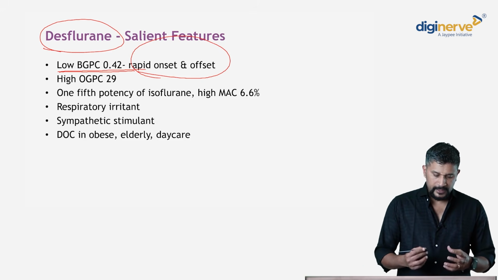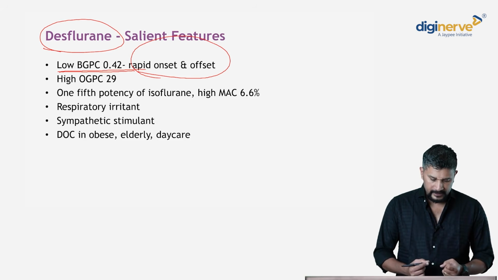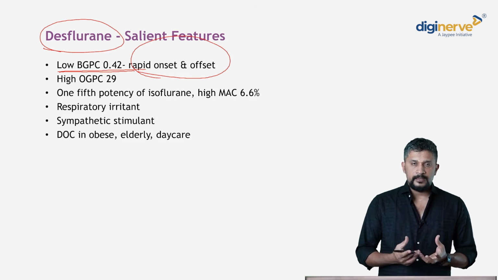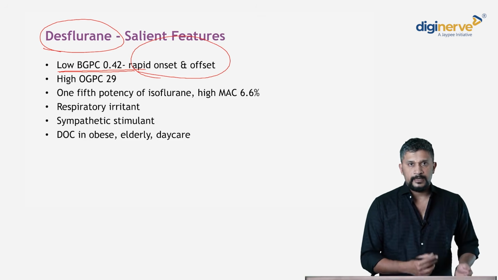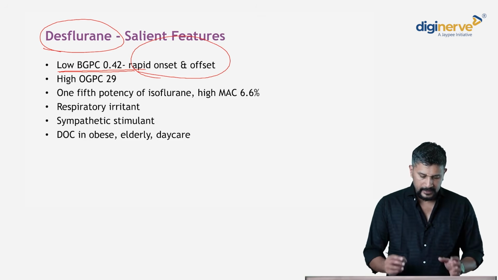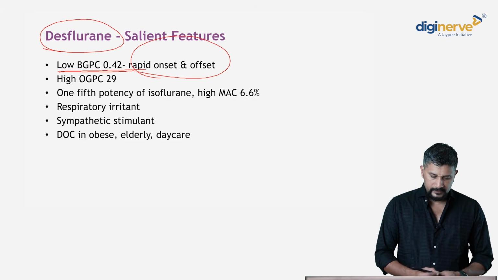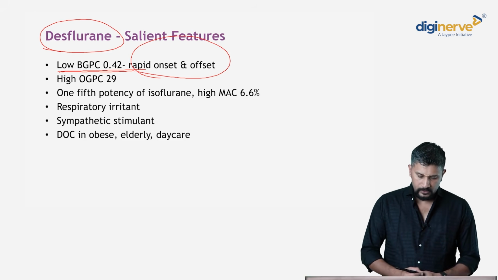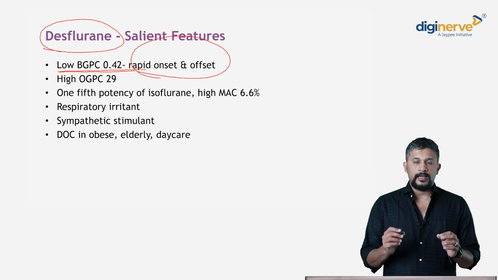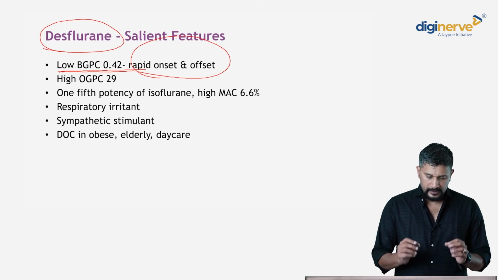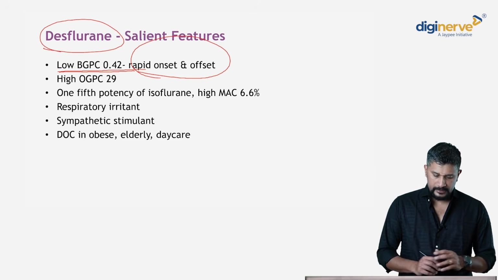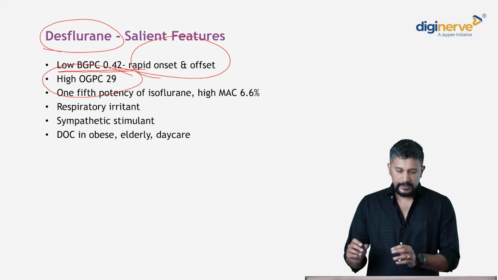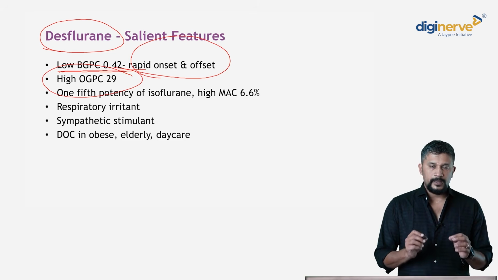So you would prefer agents which have a lower blood gas partition coefficient so that a greater amount of the gas is available in a gaseous form so that it can cross the blood-brain barrier and act on the central nervous system. So desflurane, therefore, with a low blood gas partition coefficient of 0.42 will have a rapid onset and rapid offset of its actions. However, it has a relatively higher oil gas partition coefficient of 29.